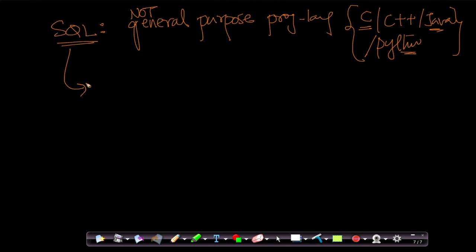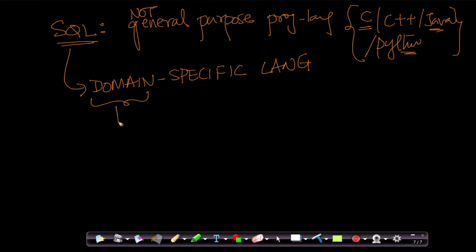But SQL is called a domain specific language because SQL is only used in the domain of databases. SQL is not used to build an operating system. SQL cannot be used to build a web server.